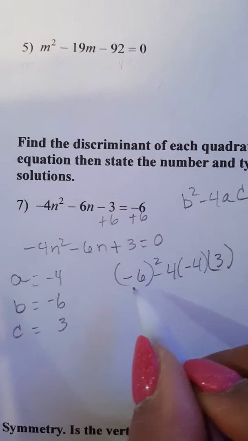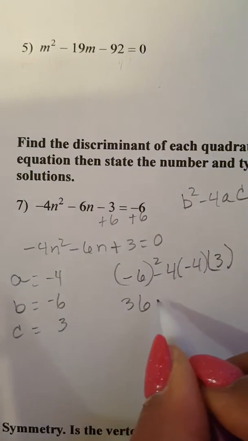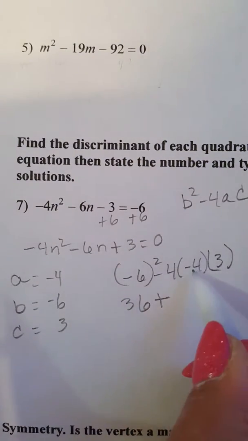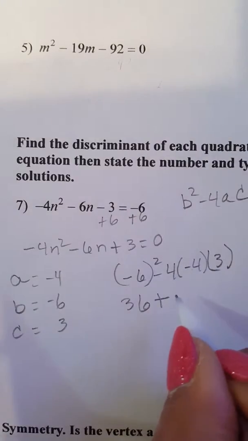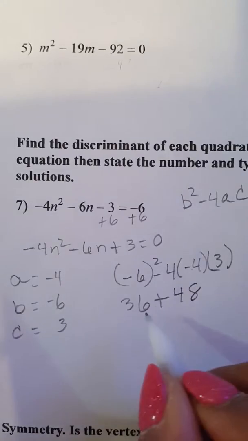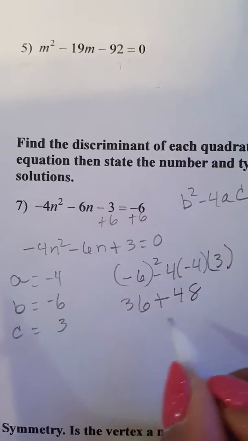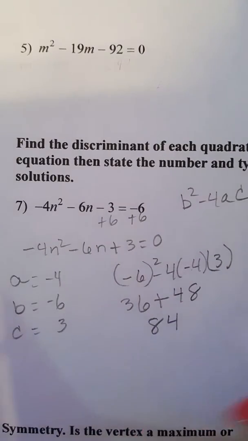So negative 6 squared is 36. 2 negatives turns into a positive. 4 times 4 is 16, times 3 is 48. And then we add 36 and 48, which is 84.